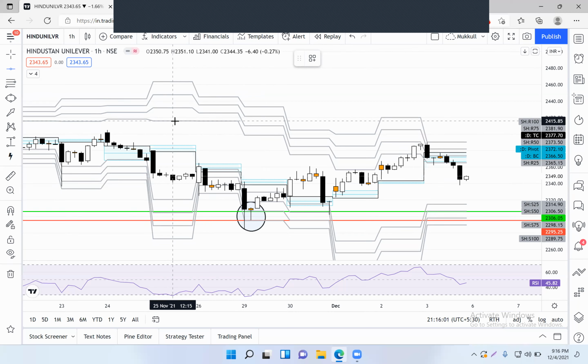Okay, the ultimate target was R25, which has shifted down now. If you take the current day, it comes here, but ultimately it shifted down.